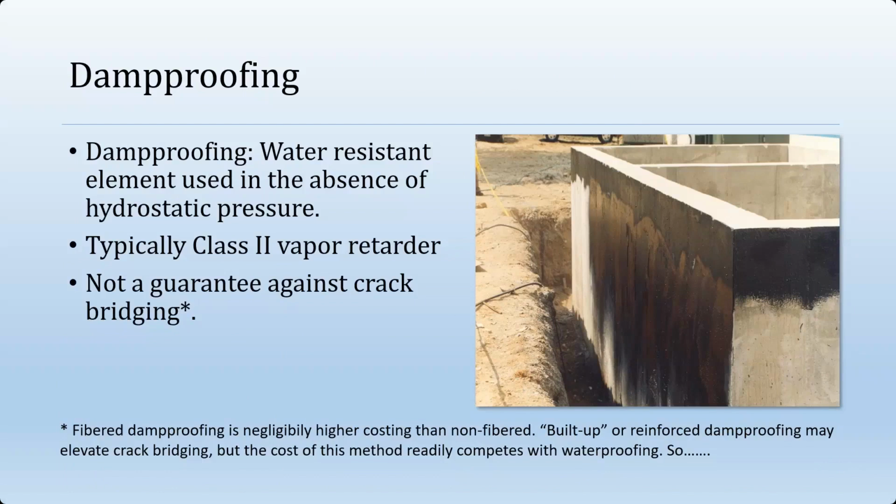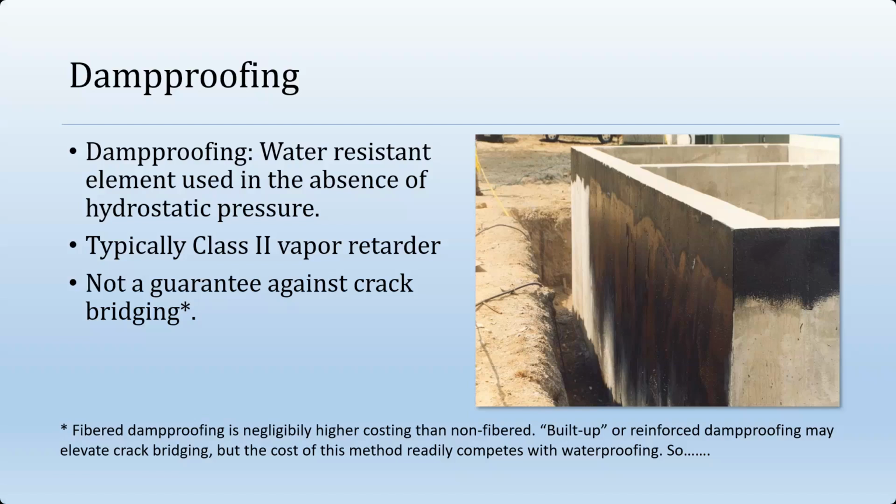Damp proofing products are often a water-based emulsion. Whenever we see the term emulsion, it's basic: just understand that it indicates the compound is in a water suspension compared to, say, a solvent suspension. Damp proofings typically tend to be a class 2 vapor retarder.